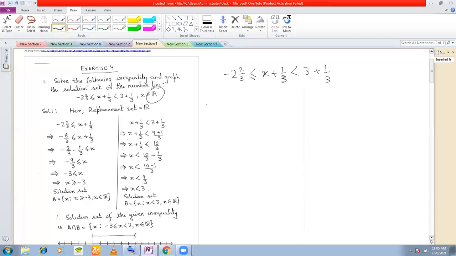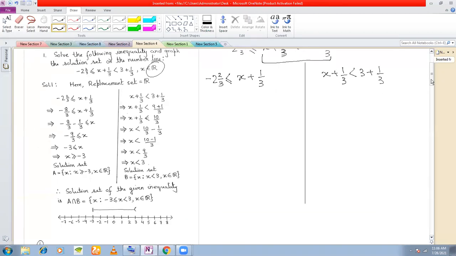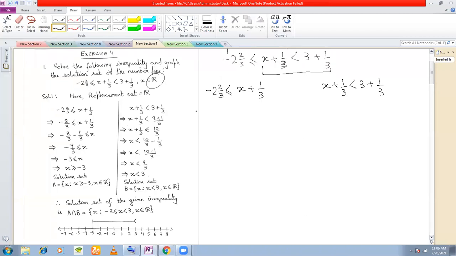So you have the first inequality as this part, and the next inequality you have this part. Now we will solve both of these inequalities one at a time.